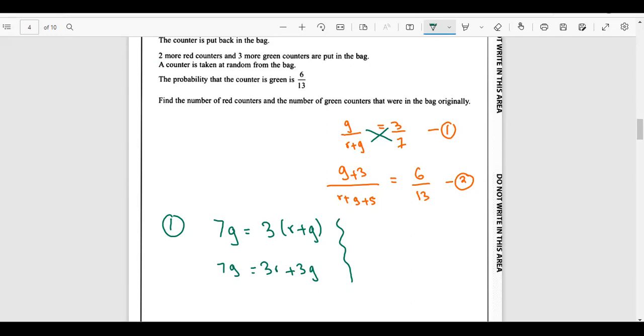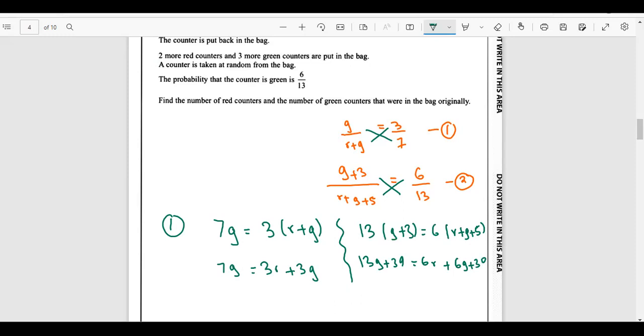So let's simplify that. Again, I have two fractions and I can cross multiply this. So this is going to give me 13 into G plus 3 equals 6 into R plus G plus 5. So 13G plus 39 equals 6R plus 6G plus 30.